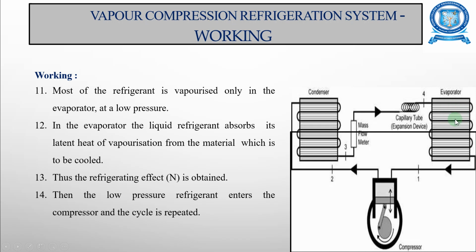In the evaporator, the liquid refrigerant absorbs latent heat of vaporization from the material which is to be cooled, and thus the refrigerating effect is obtained. Then the low pressure refrigerant enters the compressor, and this makes one cycle, and again the cycle is completed.